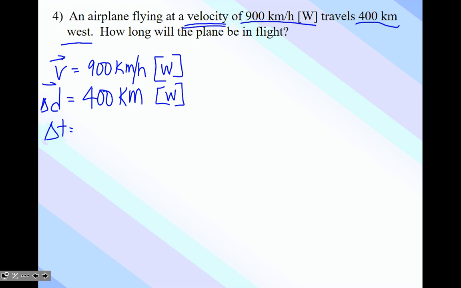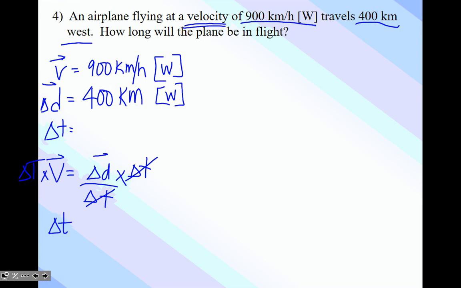Let's go ahead and write down our formula. Velocity is our displacement over time. Make it linear. Our change in time times our velocity is equal to our change in displacement.